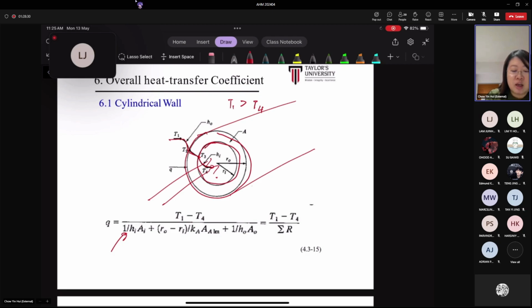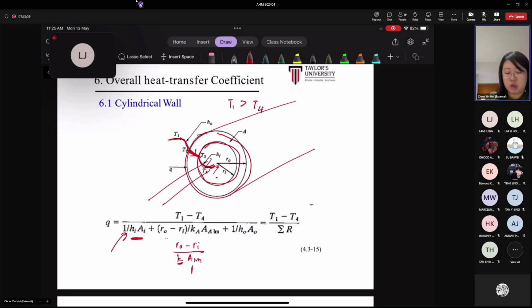Then the heat is transferred from the higher temperature hot air across the pipe wall by conduction, then to the fluid. So you can see that you have resistance to convection, and then conduction through the cylindrical wall is re-expressed in this new equation that we learned today: the outer radius minus the inner radius divided by the thermal conductivity of the pipe wall and the log mean area of the pipe wall.